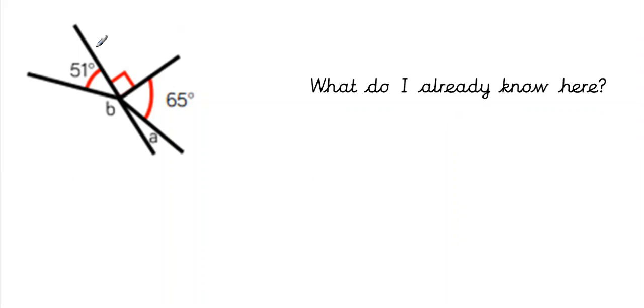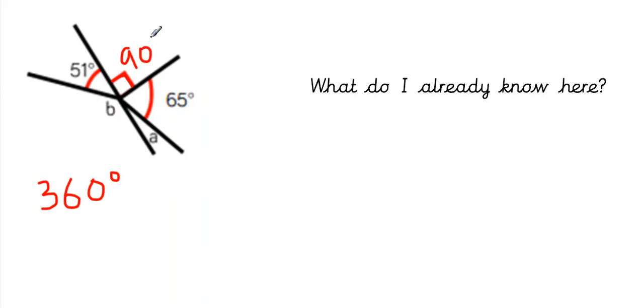So I know that I've got 51 degrees, I've got 65 degrees, and my angles add up to 360 because it is a full turn. And I also know something else. I know that this angle here is 90 degrees because it is a right angle.